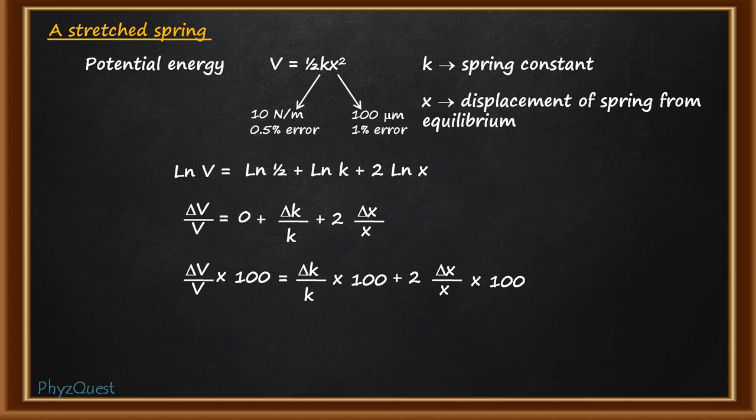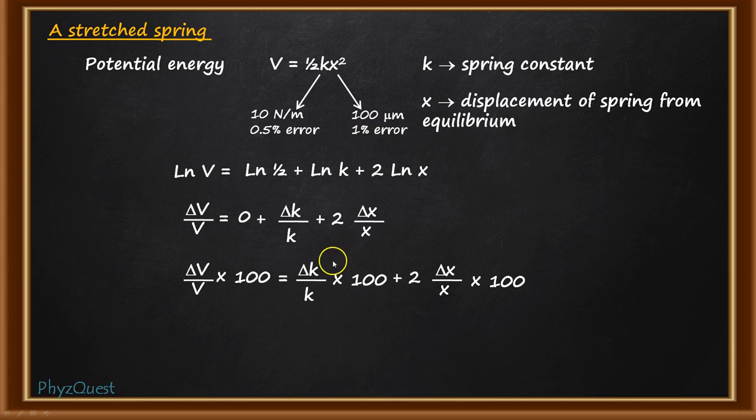Now if you look at the right hand side, the left hand side will give you the percentage error of the potential energy which we want to calculate. On the right hand side, delta k by k into 100 is the percentage error in the spring constant k, which is given as 0.5%, and delta x by x into 100 is the percentage error in the displacement of the spring from the equilibrium, which is also given as 1%.